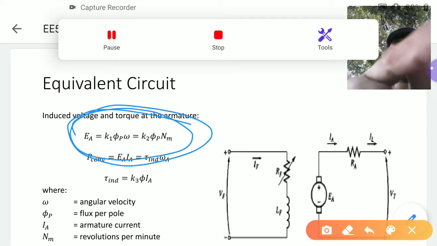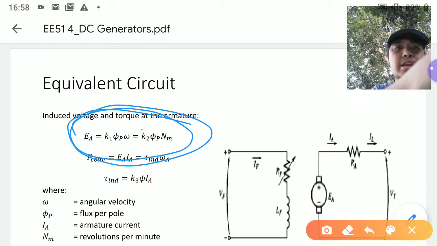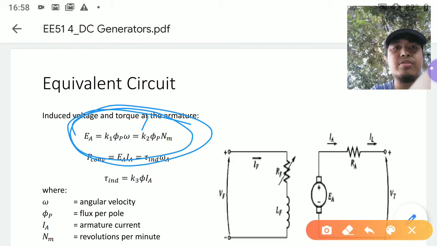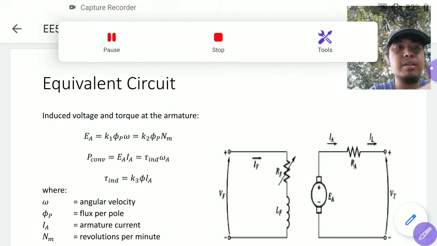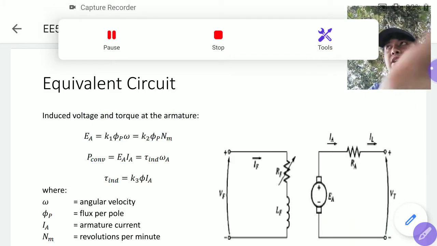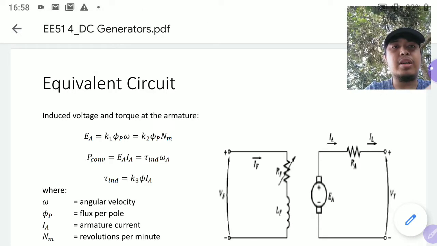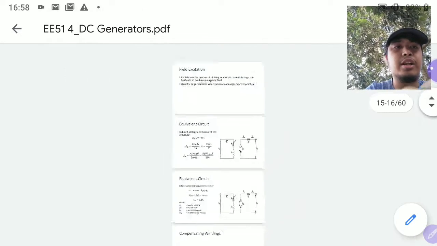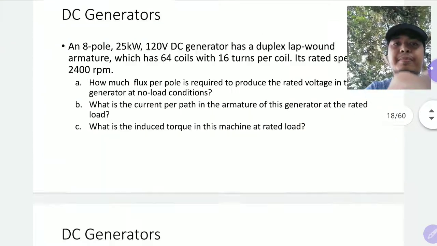So you have E equal to a certain constant K times flux and then speed of rotation. But since flux is practically constant on a separately excited DC machine, then you can say that EA is directly proportional to the speed of rotation.